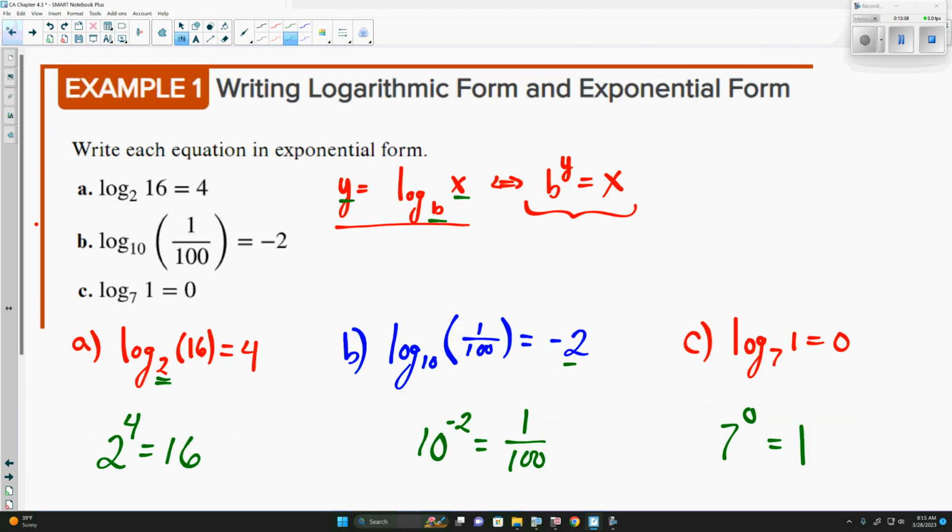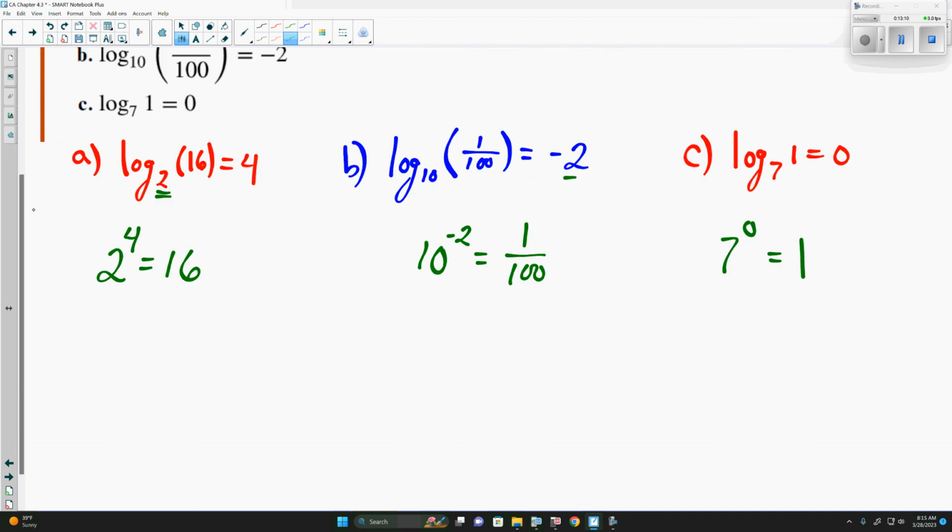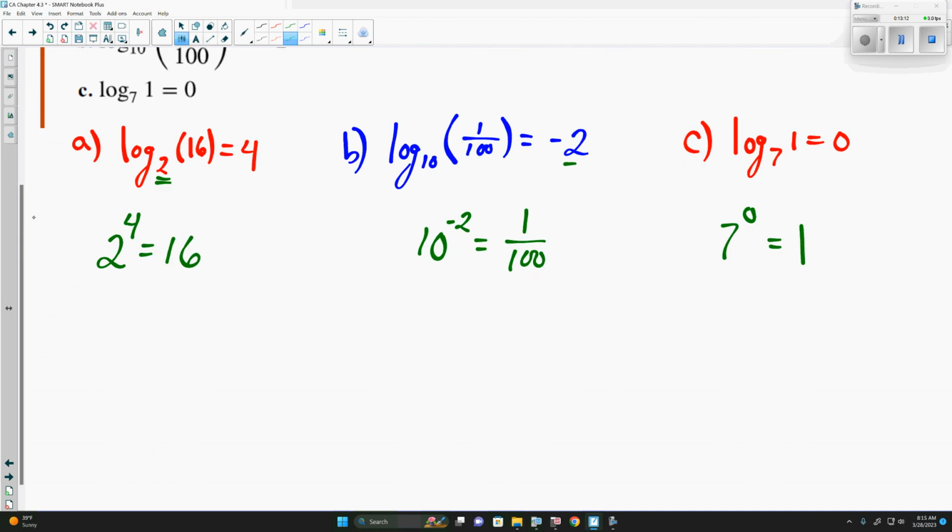Now, the reason I point this out is because if we come back to these here, I'm going to look back at these again. So this here, 2 to the log base 2 of 16.